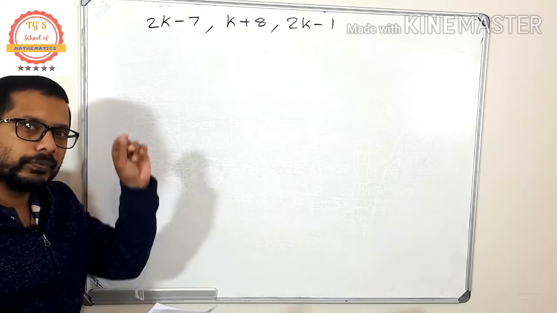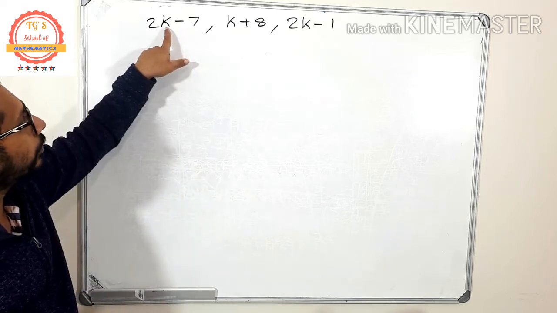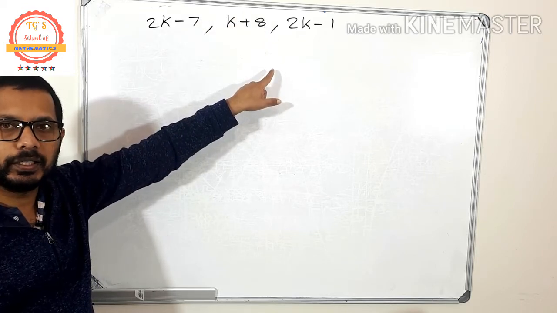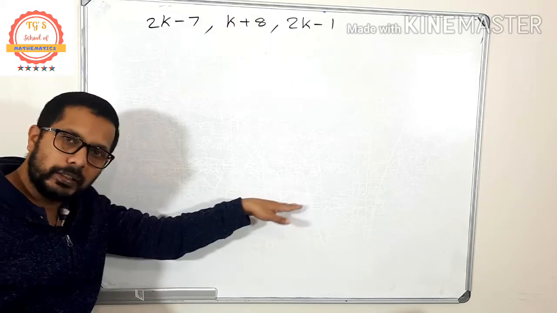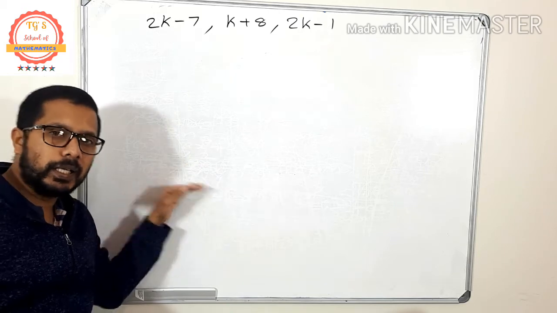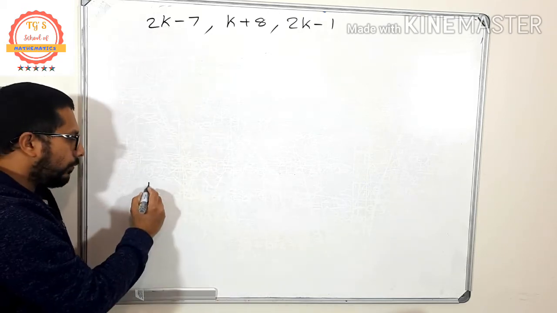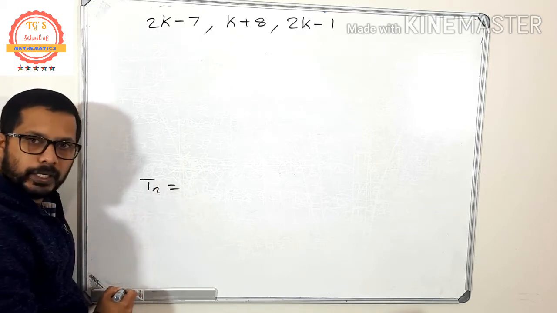To find the 15th term, first we have to find the value of k. Then we have to find the nth term.